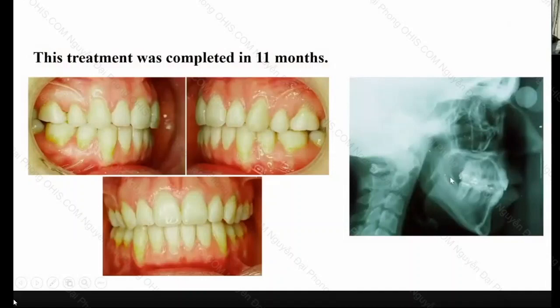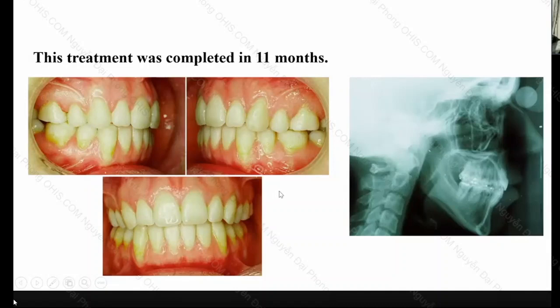This is what I want to call the posterior discrepancy. Then treat again. The treatment is simply changing the occlusal plane. Quickly change the occlusal plane, then finish like this.